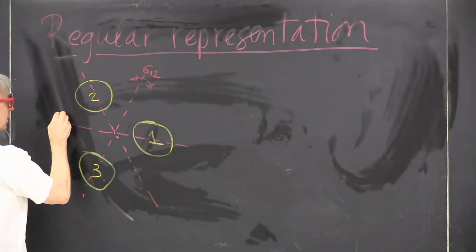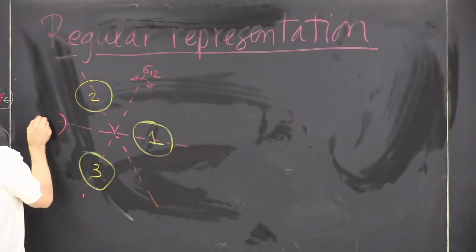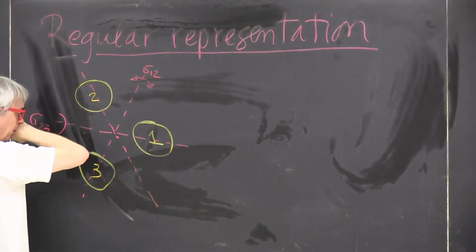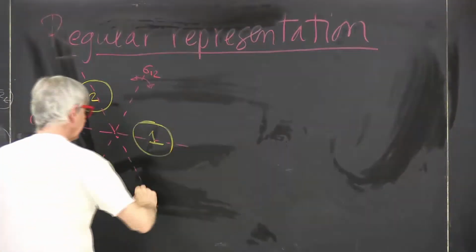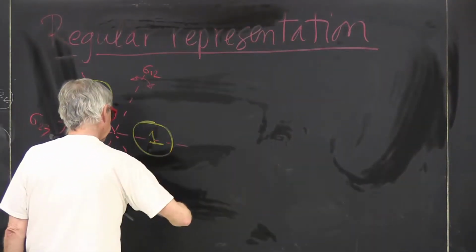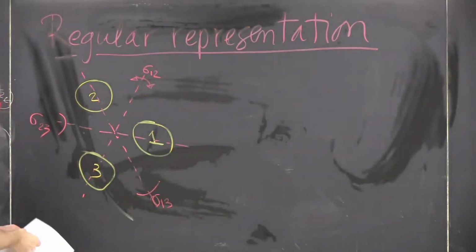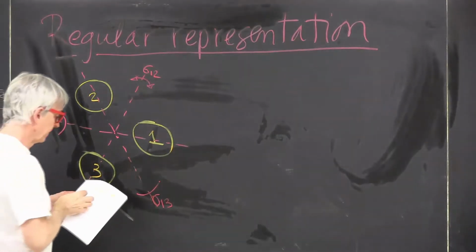And similarly, I can flip 2,3 and 1,3. So there are 3 reflection operations.